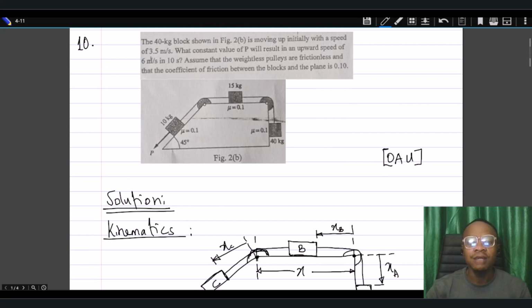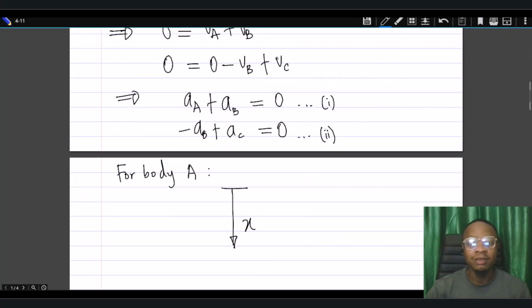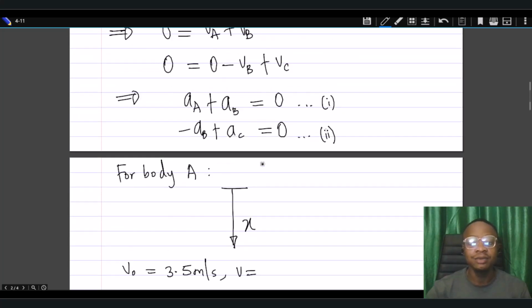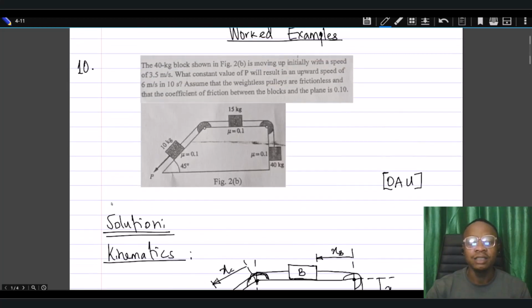And for that, we say that the initial velocity we're told is 3.5 meters per second up. Since positive is down, if it is up, that means it is negative. So we have V naught equals minus 3.5 meters per second. And we are told that the velocity reaches 6 meters per second in 10 seconds.